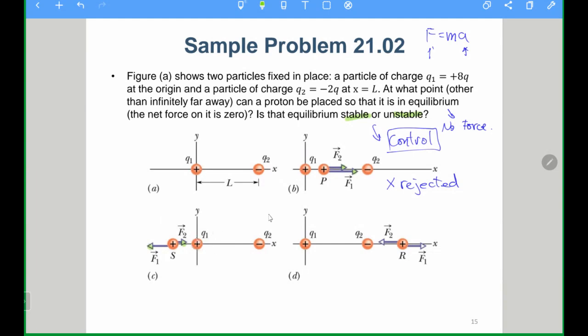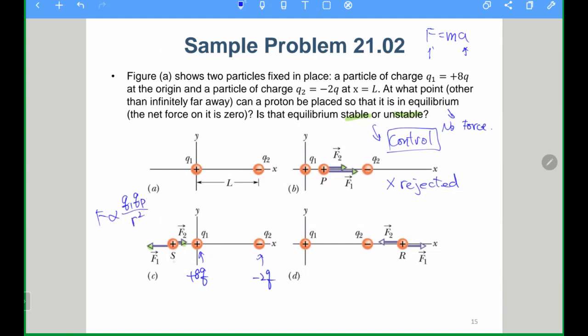It is as follows, because Q1 is positive 4Q, and Q2 is negative 2Q. So when we consider the magnitude of F1, the force should be proportional to Q1 and Qp, over R squared.